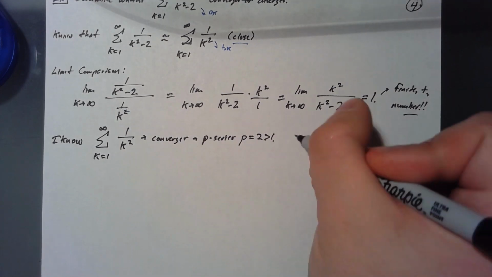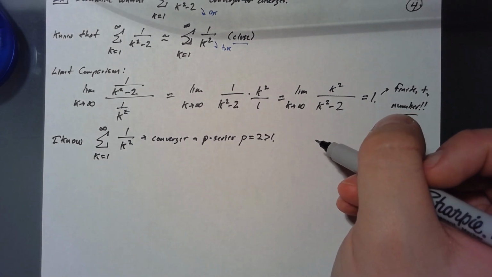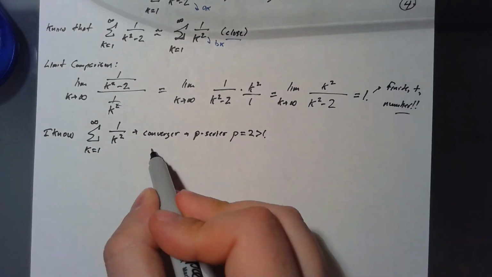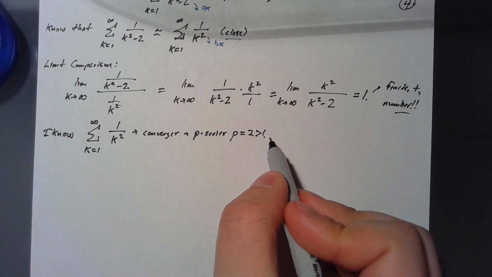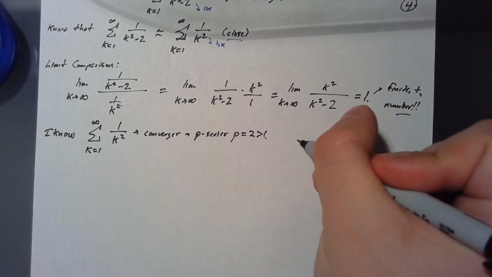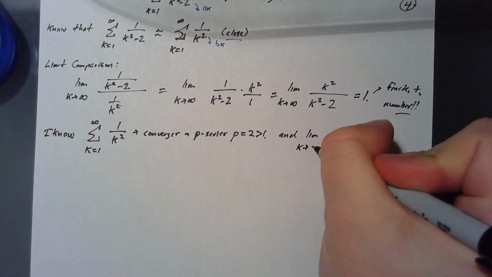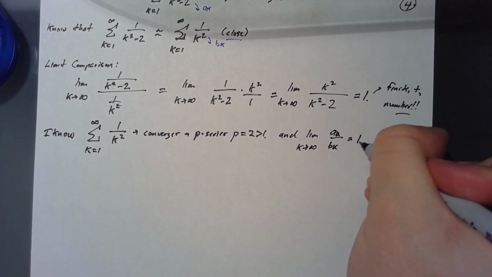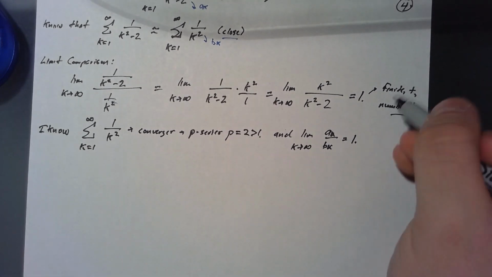So therefore, I know that this converges because it's a p-series where p equals 2, which is greater than 1. And the limit as k approaches infinity of a of k over b of k equals 1, which is a finite positive number.